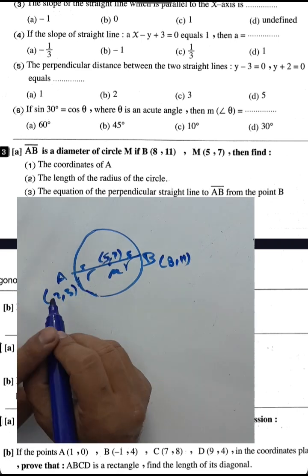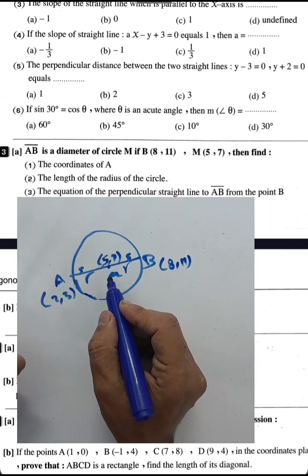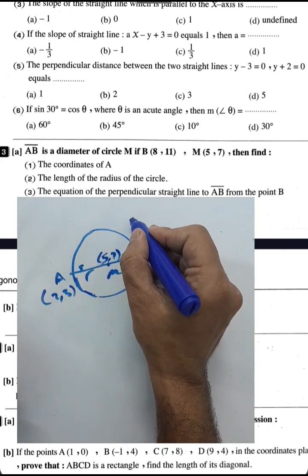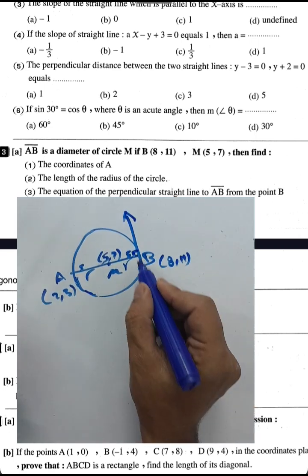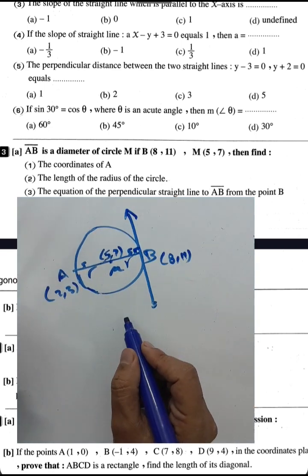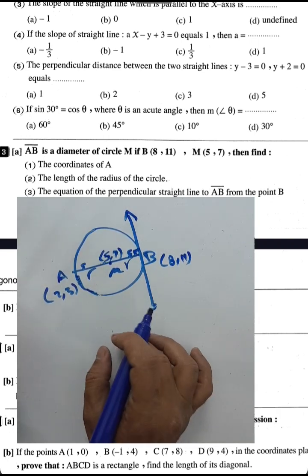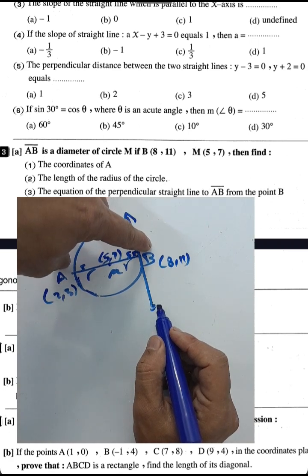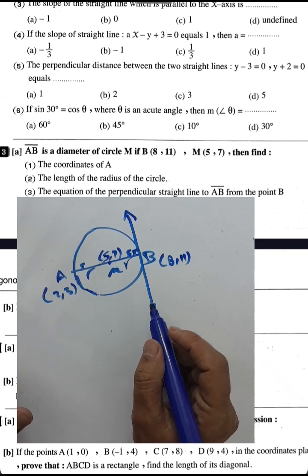He wants to find, in part 3, the equation of the straight line perpendicular to the straight line AB at the point B. We can find the slope of the line passing through AB and write the inverse of the result with the sign changed, because they are perpendicular.